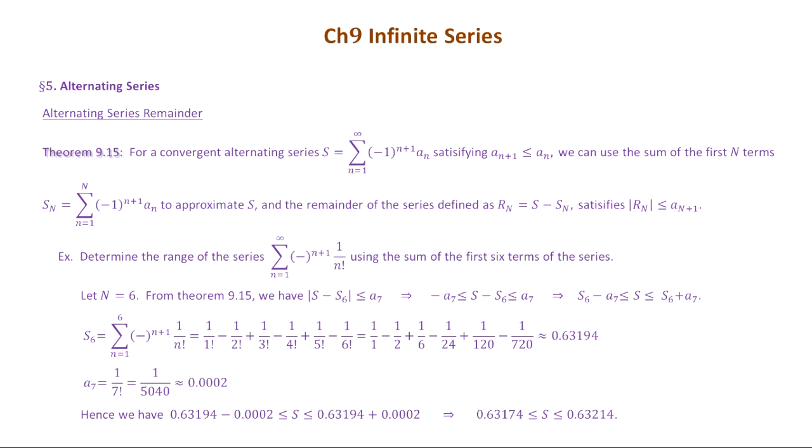So the first term is positive. When n equals 2, 2 plus 1 is 3, and (-1) to the 3 is negative, so you get minus 1 over 2 factorial. The third term, 3 plus 1 is 4, (-1) to the fourth is positive, so you get 1 over 3 factorial. The next term is minus 1 over 4 factorial, then plus 1 over 5 factorial, minus 1 over 6 factorial. Okay, so this is the first 6 terms.